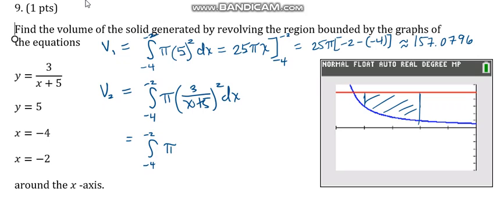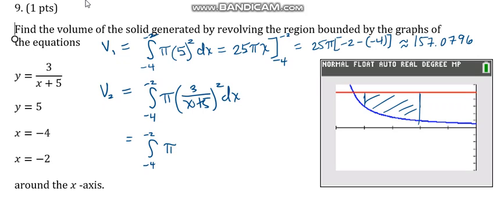When I square this, I could either think about it as square the 3, square the x plus 5 if you want to do that right now, or you could write x plus 5 to the negative first and square it then. Either way, you're probably going to end up using negative exponents at some point.